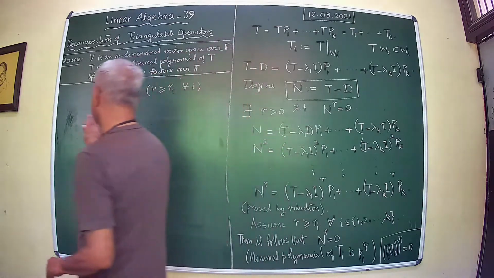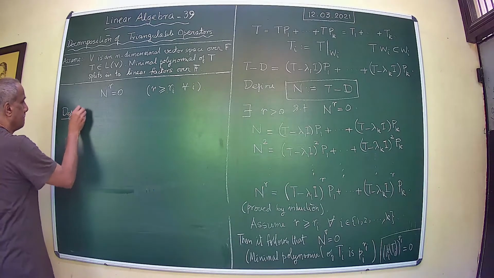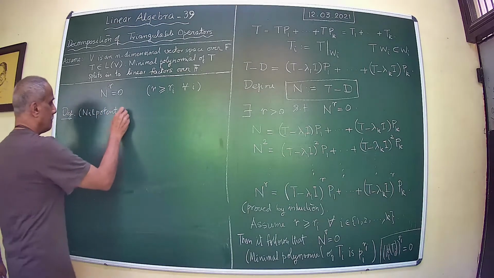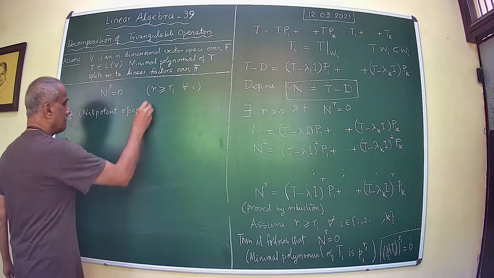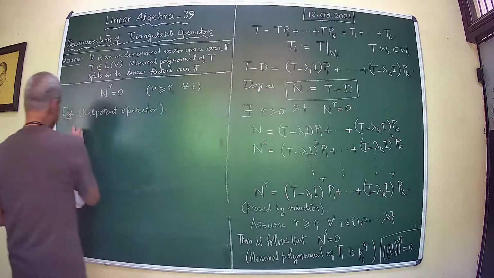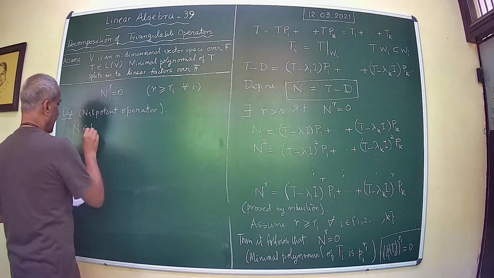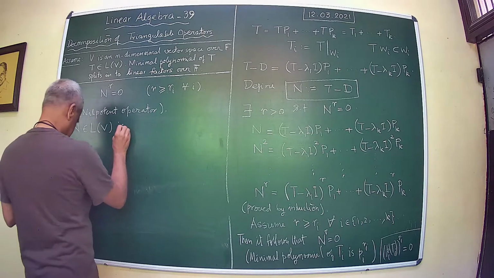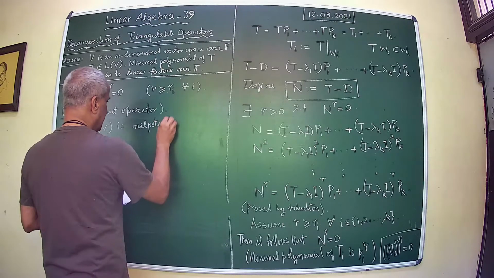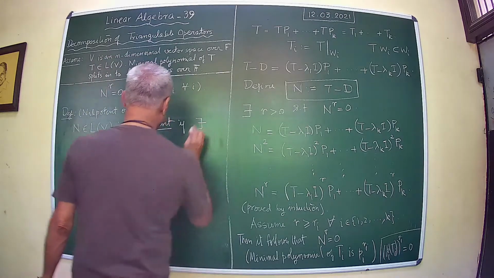So we give a name to this, and this is also one of the important operators. N belonging to L(V) is nilpotent if there exists some positive integer r such that N to the power r is 0.